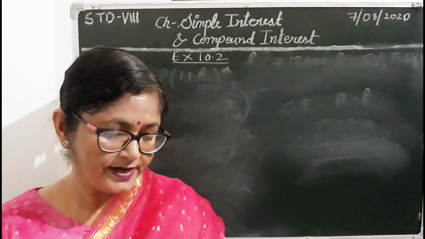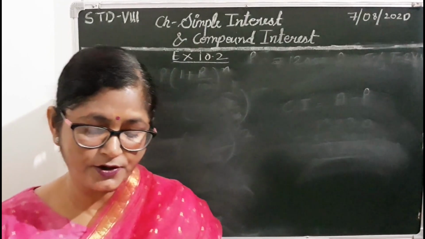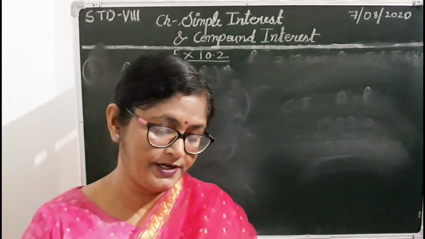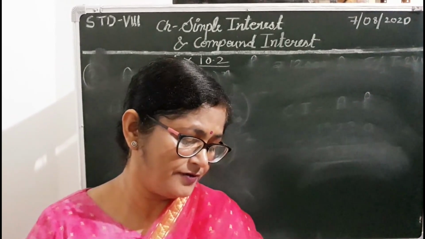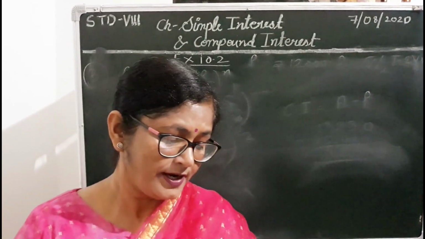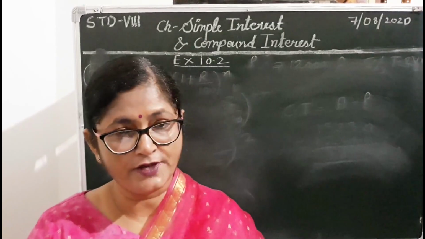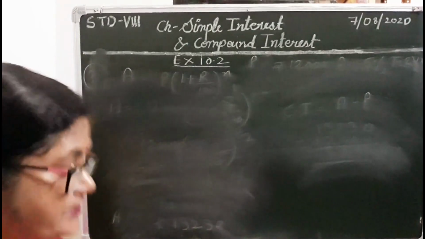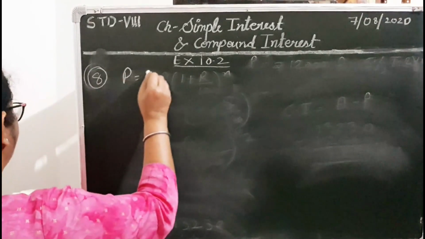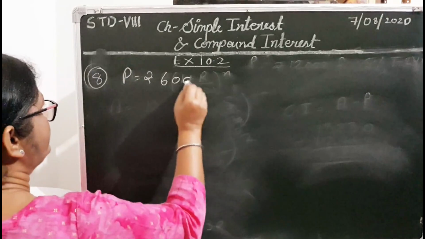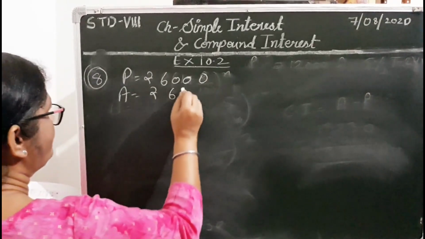Question number 8. A person invests rupees 6,000 for 2 years at a certain rate of interest compounded yearly. If the sum amounts to rupees 6,540 at the end of the year, calculate the rate of interest per year and the amount at the end of the second year. Principal is equal to rupees 6,000 and amount rupees 6,540.